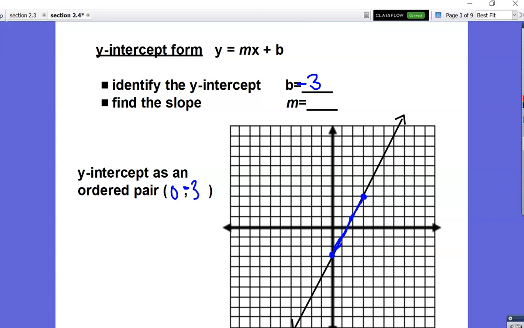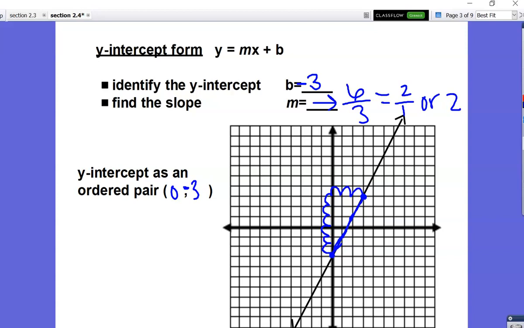So between these 2 points, I first want to count the vertical distance. I have to go up 1, 2, 3, 4, 5, 6 points. And then I have to move over 1, 2, 3 spaces. So the slope becomes 6/3. And this reduces to 2/1 or 2.